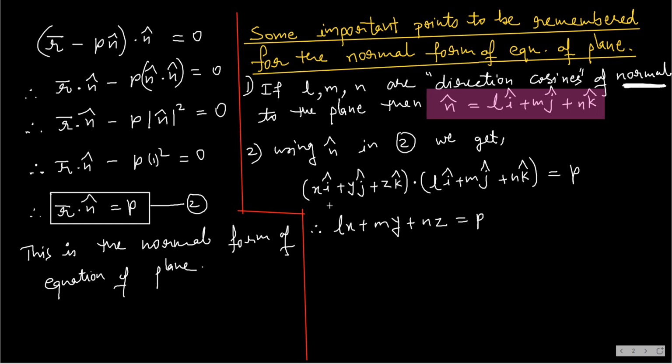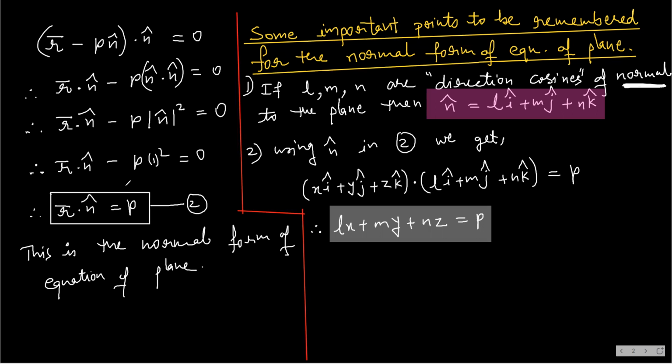And what is this? This is the normal form of the Cartesian equation of a plane. See, the earlier one was the normal form of the vector equation of a plane, but this is the normal form of the Cartesian equation.